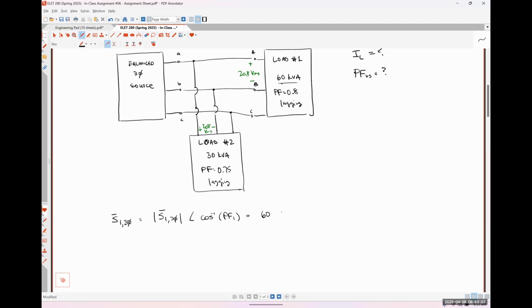So that's going to look like 60 with an angle of, I think it's going to be 36.87. Yeah. So 36.870 degrees kilovolt ampere. And for what it's worth, I'm going to store this in my calculator as X.